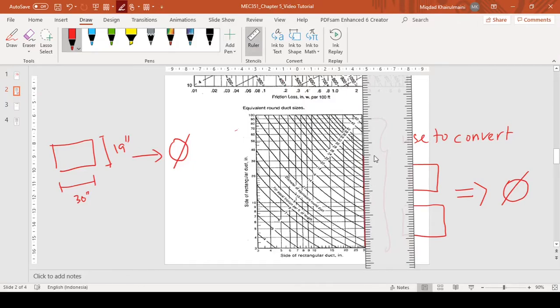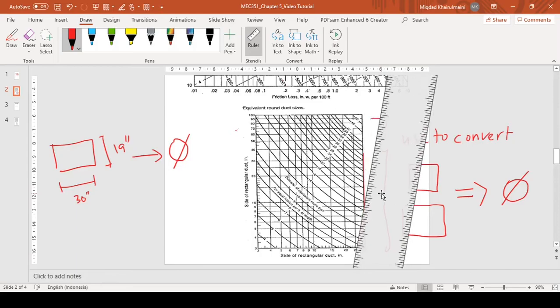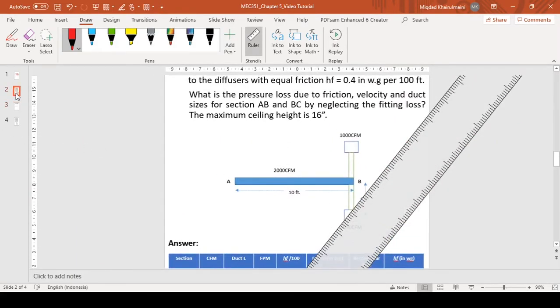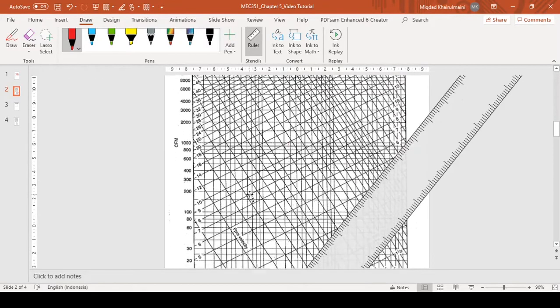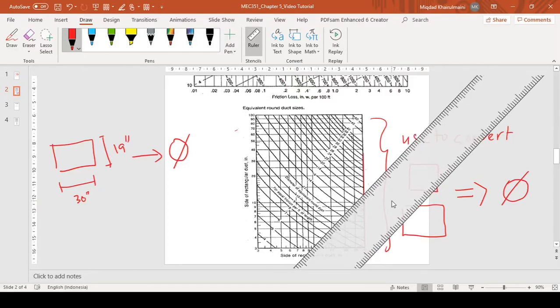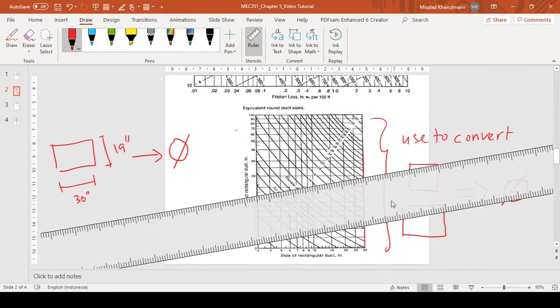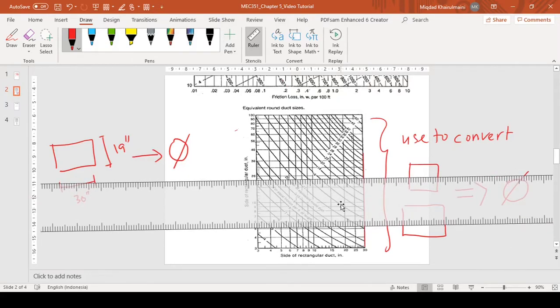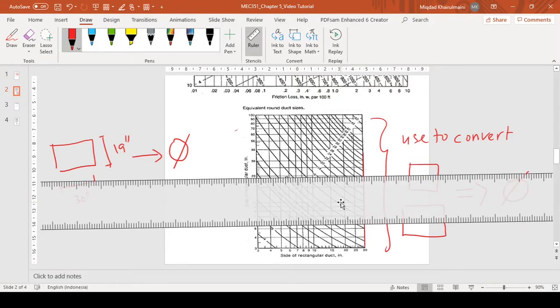Then 19 inches in height or width. So we take the ruler using the y axis now, and we look for 19. We have 20 here, so below 20 is 19. Make sure to draw the line straight.